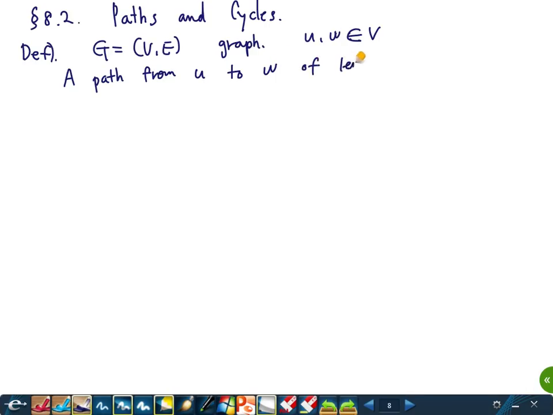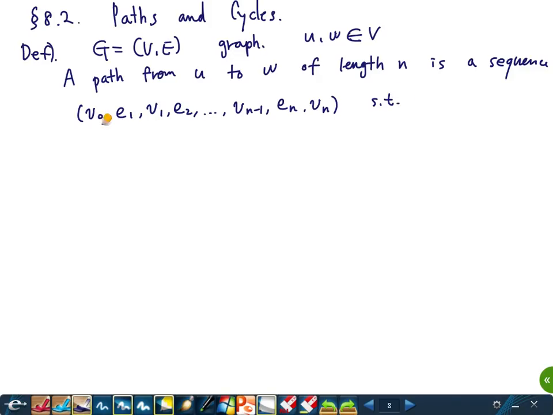A path of length n is a sequence like this: V0, E1, V1, E2, ..., Vn minus 1, En, Vn, where the first one is U and the last one is W, so it's from U to W. Each Ei is an edge between the two vertices Vi minus 1 and Vi, for i from 1 to n.